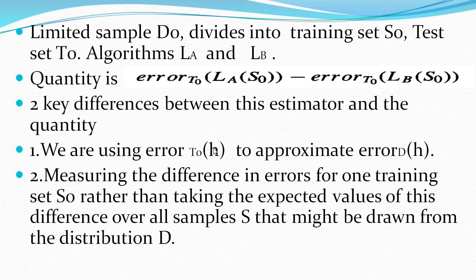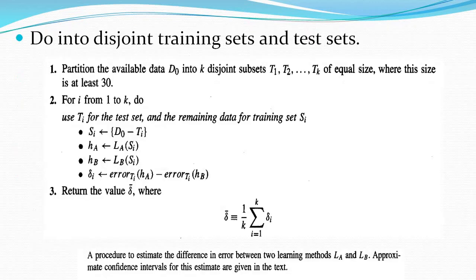We measure the difference in errors for one training set S0, rather than taking the expected value of this difference over all S that might be drawn from the distribution.